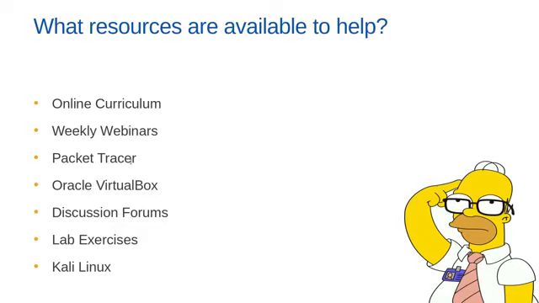Generally run for about 1 hour. Packet Tracer, which is a Cisco Networking Academy student you'll have access to anyway. Oracle VirtualBox, essential for this course. That's a free download. The discussion forums, lab exercises. I showed you where to find the lab exercises in the online curriculum material. Just go to the course index and you'll find the lab exercises there.